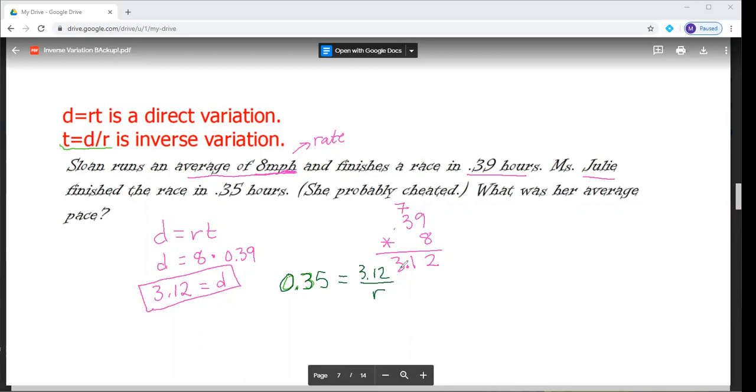Sorry, it's all crammed in with this. Distance over my rate. Now all I have to do is solve to find my rate.